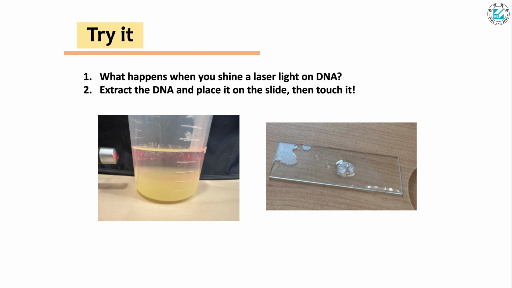These are the properties of a long-chain polymer. You can see in picture 1 what happens when you shine a laser on DNA. In picture 2, extract the DNA and place it on the slide. Then touch it to feel it.